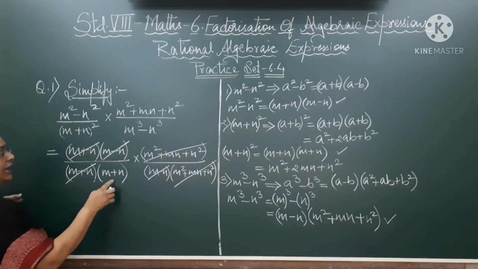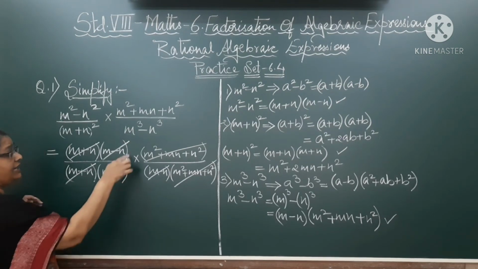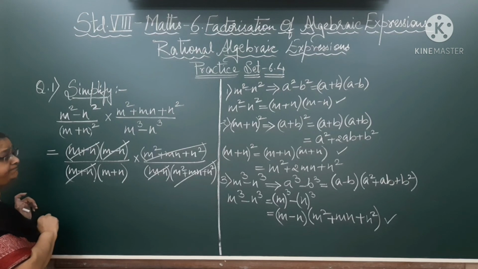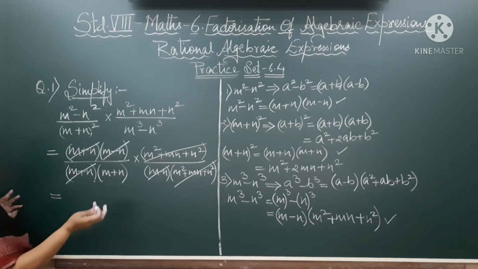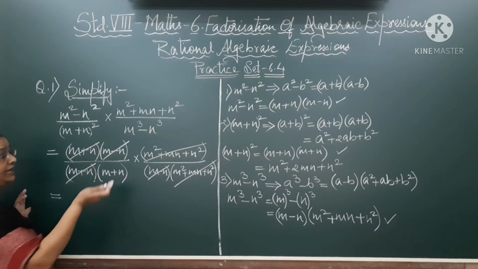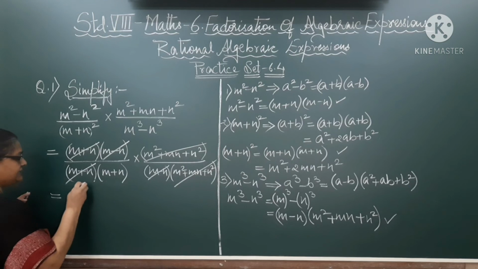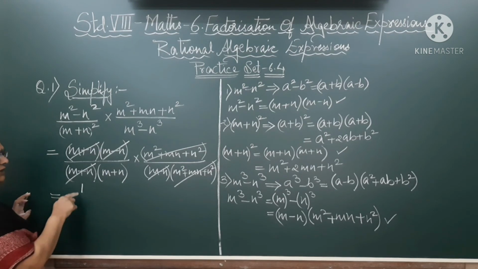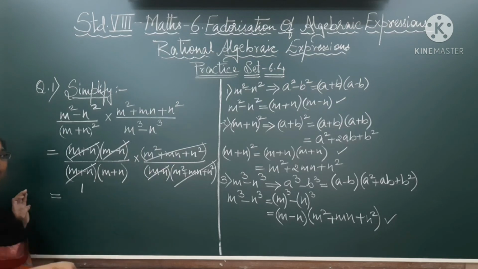And now, what about this? Now, m plus n doesn't have any like term in the numerator, so we don't have any other way to simplify it. So we will keep it as it is. We get 1. Now, how did we get 1? There is no term, no expression, no factor in the numerator.